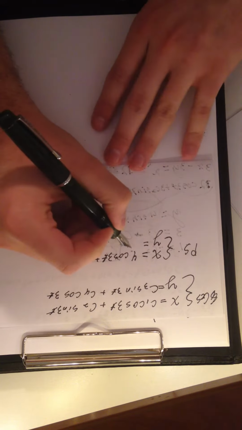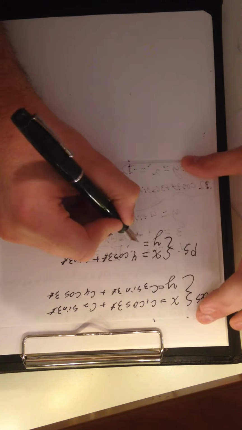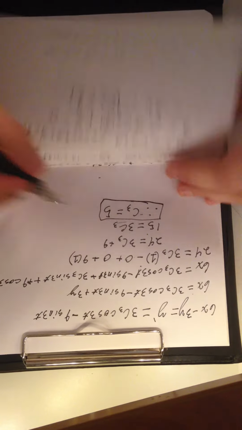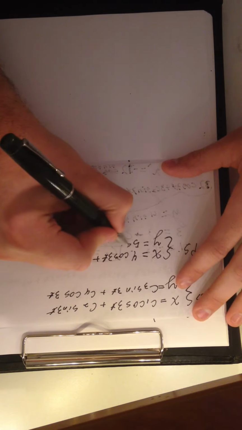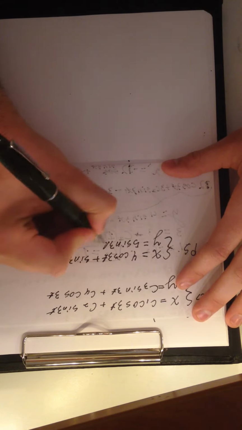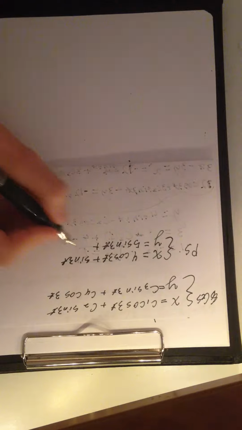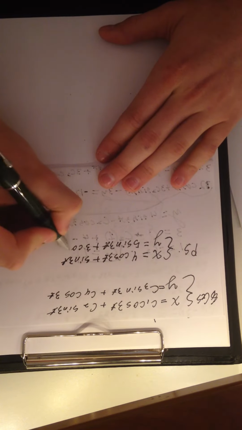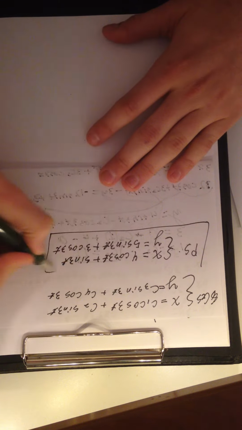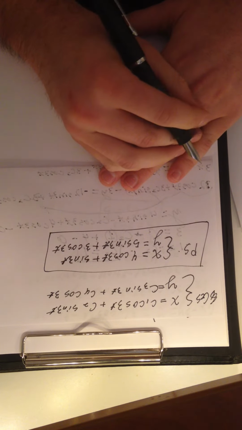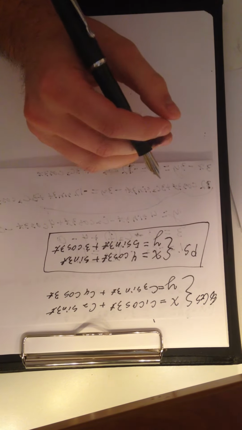Y is going to say c3, which we found to be 5. So it becomes 5 sine of 3t, plus our c4 value we said was equal to 3 cosine of 3t. And that is the solution for homework 12.5, question number 4.